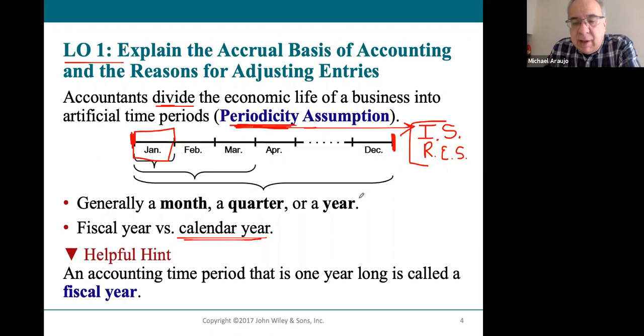Okay, again, the year is the longest period of time we can keep records. And we have to separate the years because we're not just going to be in business for 1 year. We're going to be in business for, we hope, many, many years.